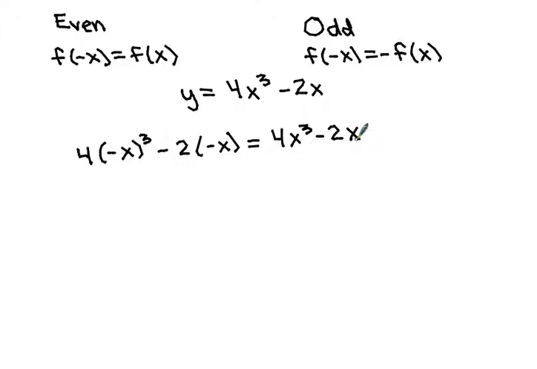Negative 1 to an odd exponent will always be negative 1. Negative 1 to an even exponent will be positive 1. So in this case, this becomes negative 4x cubed minus a negative 2, so this becomes plus 2x. Clearly, when we look at this, we go, oh, those are not the same. So this is not an even function.